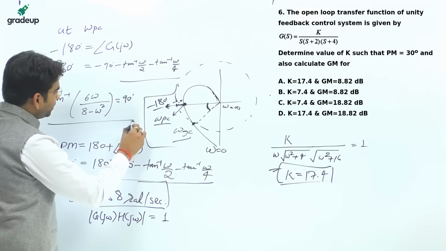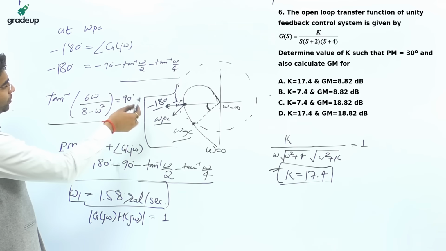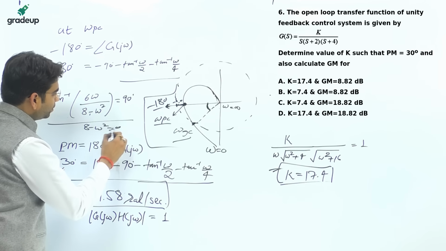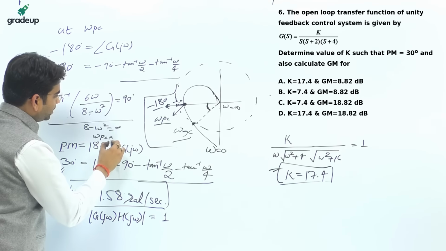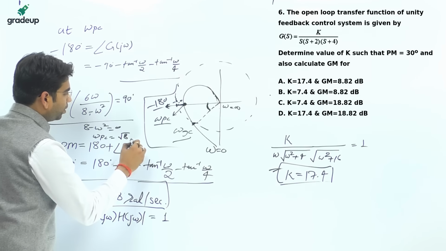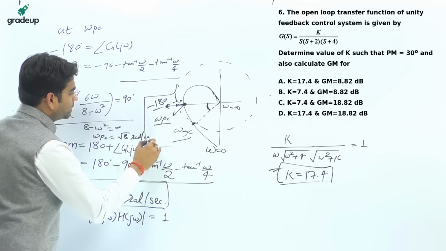So if it is 90 degree, tan of 90 is infinity. It means that 8 minus omega square comes out to be 0. Omega PC, at phase crossover frequency, the value of omega is equal to root 8 radian per second.